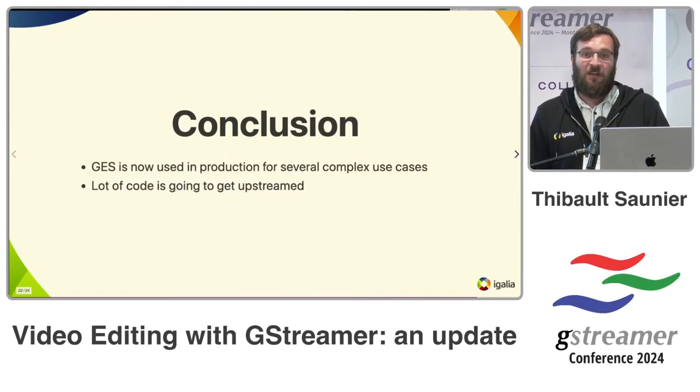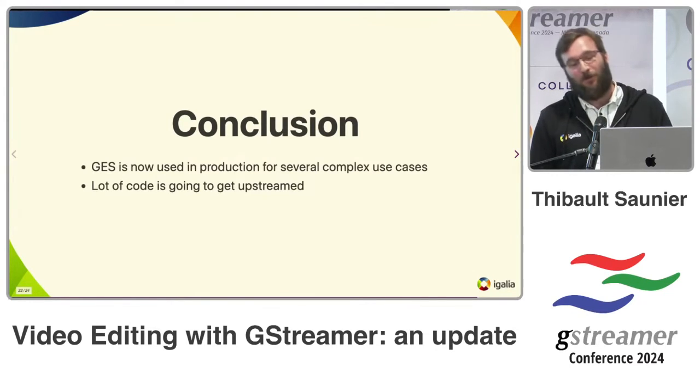If you have any problem you think GStreamer can be useful for, let me know. And in the last years, a lot of work has gone into improving GStreamer and other components. Most of them have already landed upstream, but there is some more upstreaming to be done for all that development to be upstream, right?